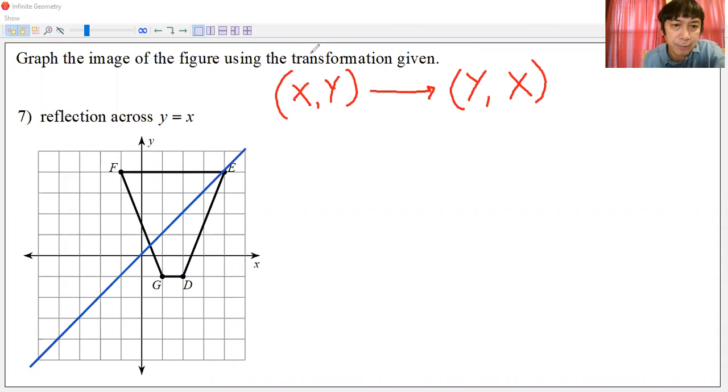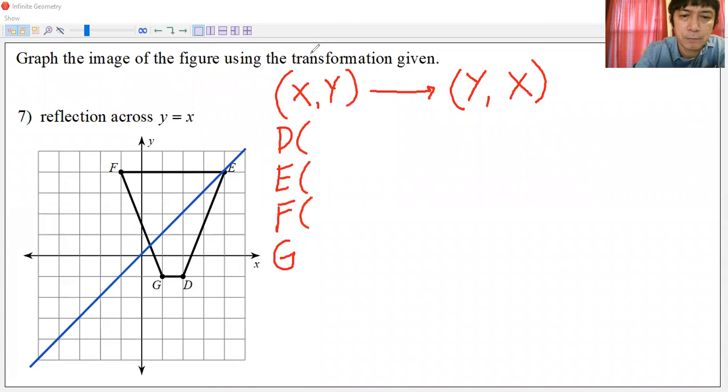So let's gather the points. So we have D, E, F, G, okay, alphabetized. Our point D is 2, -1. That's our point D, 2, -1 of the fourth quadrant.